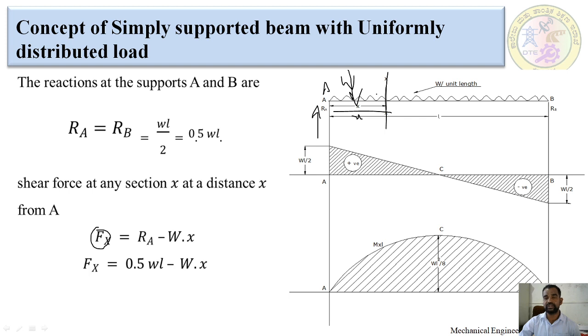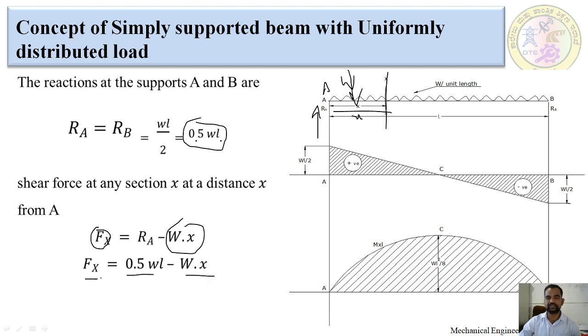How do we convert the UDL into a point load? W into x, we have converted it into a point load. For that reason, they have taken W into x. You would have studied this in the cantilever beam also. RA we determined previously as 0.5 W into L, minus W into x.